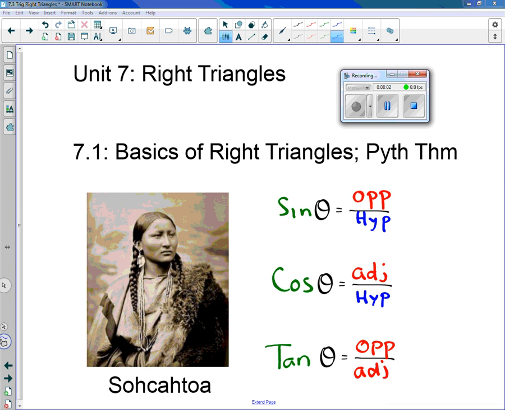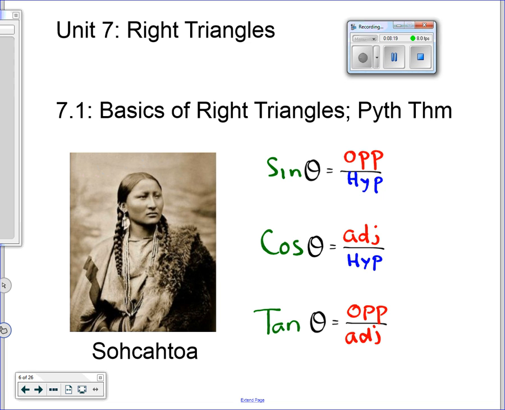All right. So let's again kind of review our trig functions here. Sine of theta equals opposite over hypotenuse, cosine of theta adjacent over hypotenuse, and tangent of theta equals opposite over adjacent. Okay, so one of the things is just even writing it in a simpler form can help you remember it. I've seen it written like this before. And remember, these are equations, so everything has an equal sign.